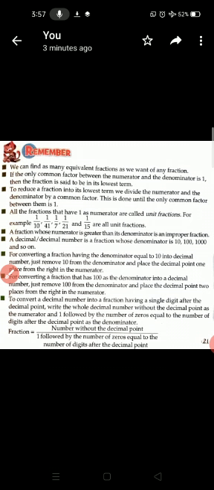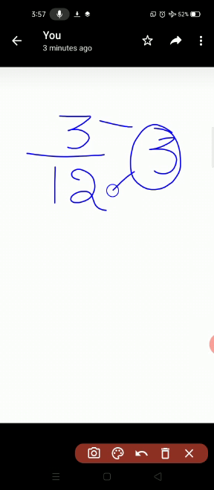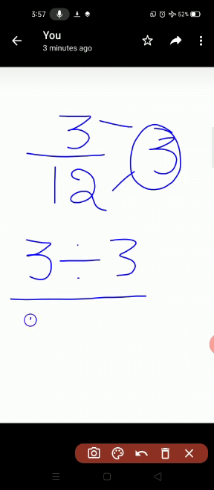Next is the third point. To reduce a fraction into its lowest term, we divide the numerator and denominator by a common factor. Now see the same example, 3 by 12. Here we have 3 as a common factor for both numerator and denominator. Now to reduce into simplest form, we will divide the numerator by 3 and the denominator also by 3.